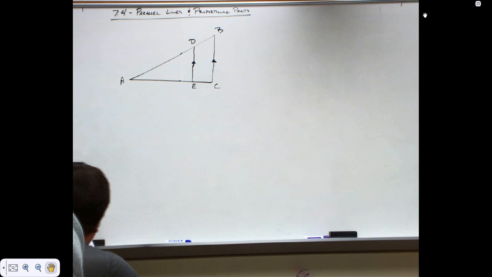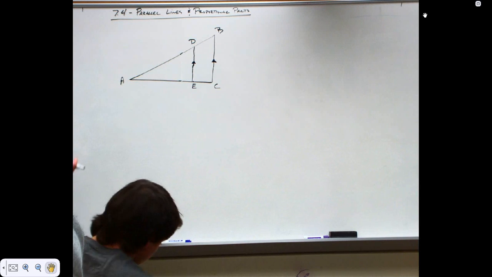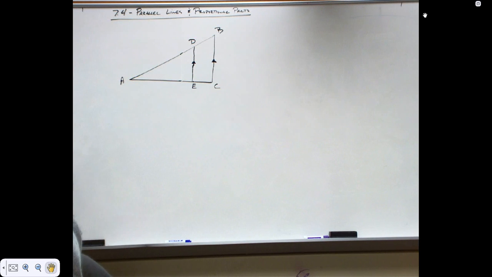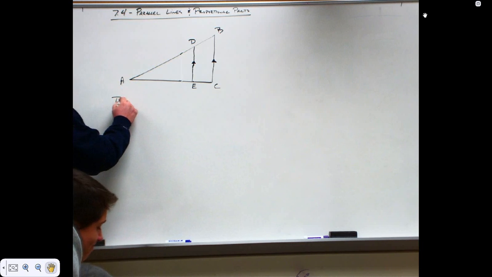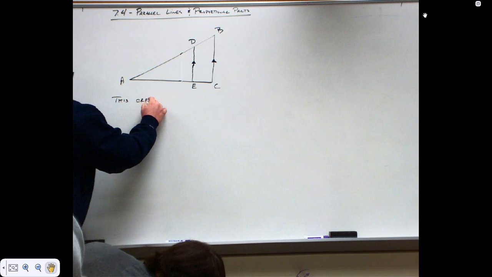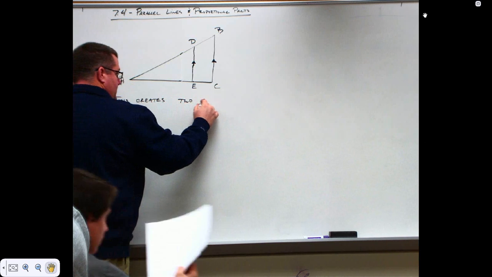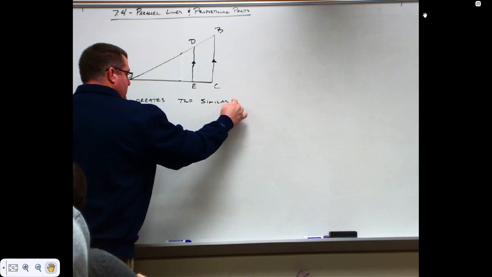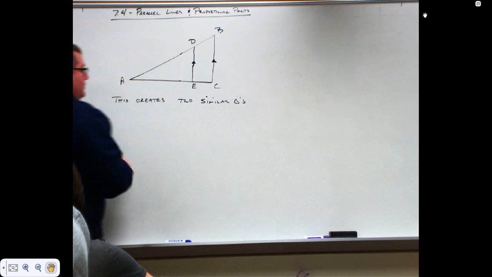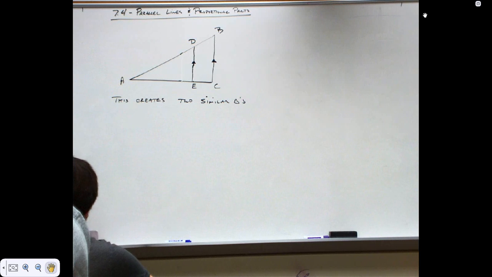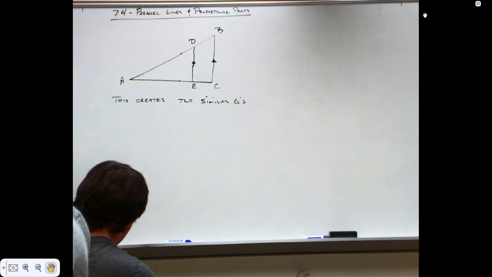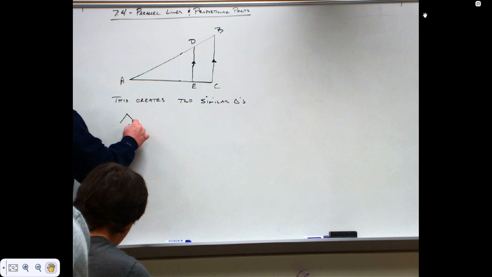Some special things happen here. Basically, what happens is you create two similar triangles. Okay? That's what drawing that parallel line inside there did. Now, if I was to write a similarity statement, what do you think are the two triangles that are similar here?